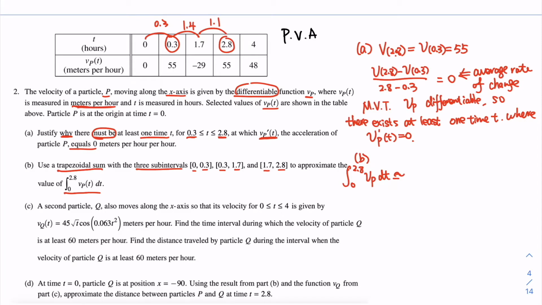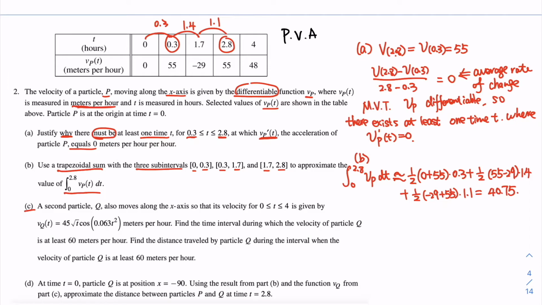So this approximately equals 1/2 times (0 plus 55) times the height, plus 1/2 times (55 minus 29) times 1.4, plus 1/2 times (negative 29 plus 55) times 1.1. And using our calculator, we get 40.75.